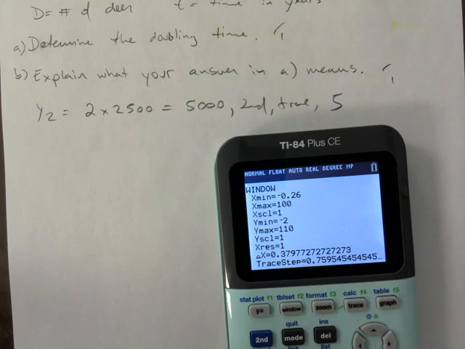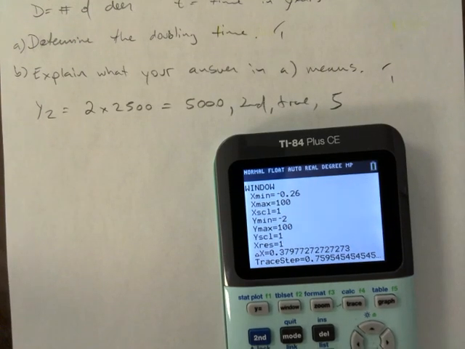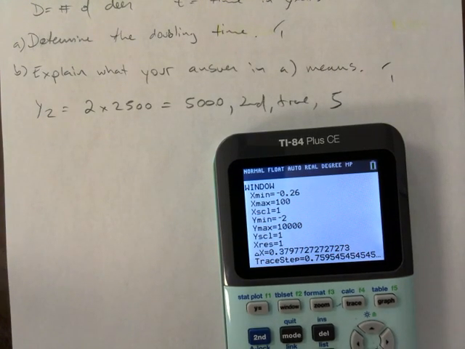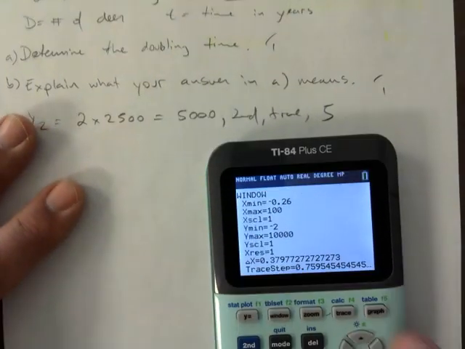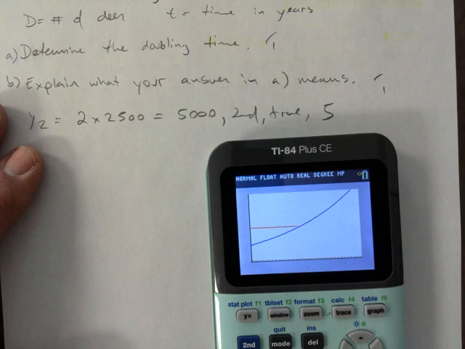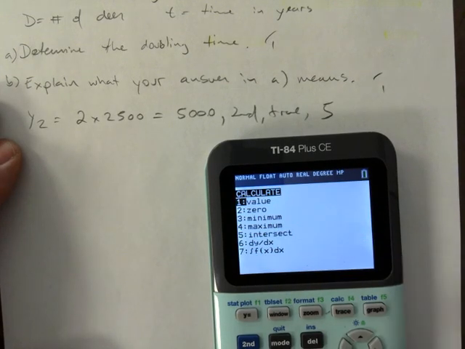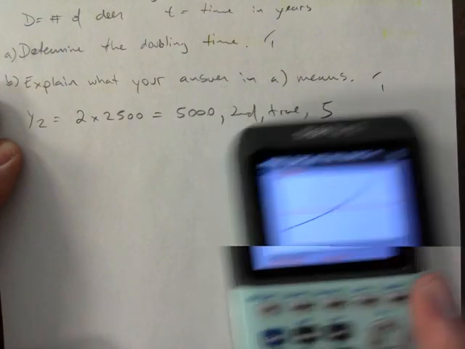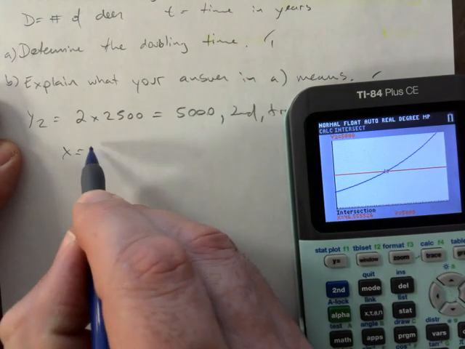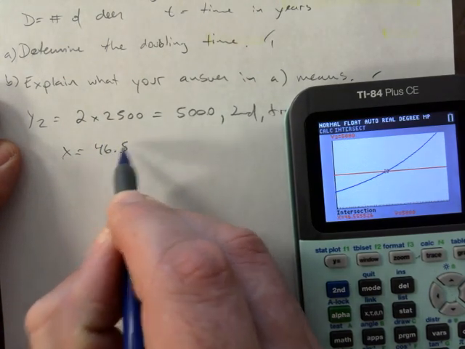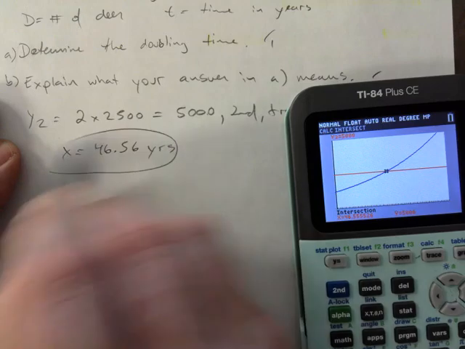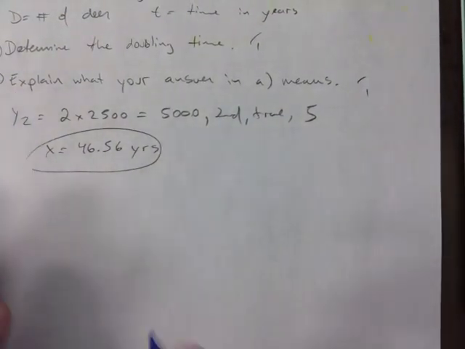So I'm going to go 10,000 or something like that because I know I'm increasing. Right? I know I'm increasing because b is bigger than 1. So let's try that. Works pretty good. There we go. It shows. And so x is going to be 46.56 years. 1 mark for that.